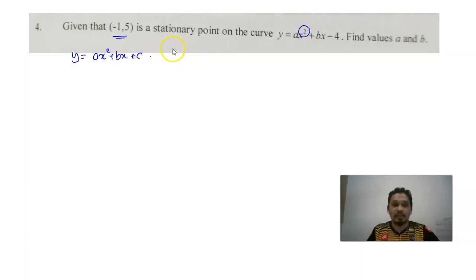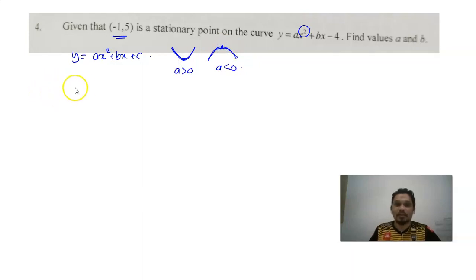The curve is either a smile curve or a sad curve. This is for when a is greater than 0, and this is a less than 0, with a minimum point and a maximum point.